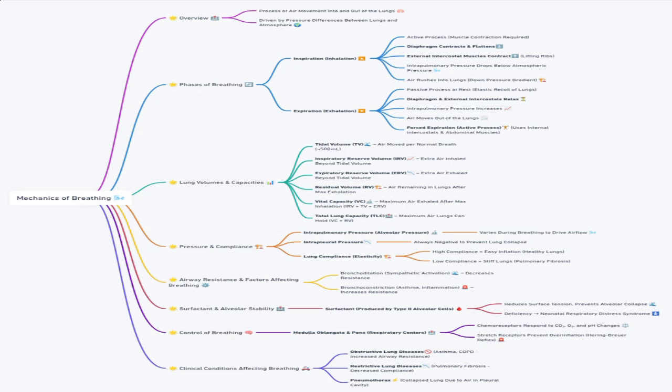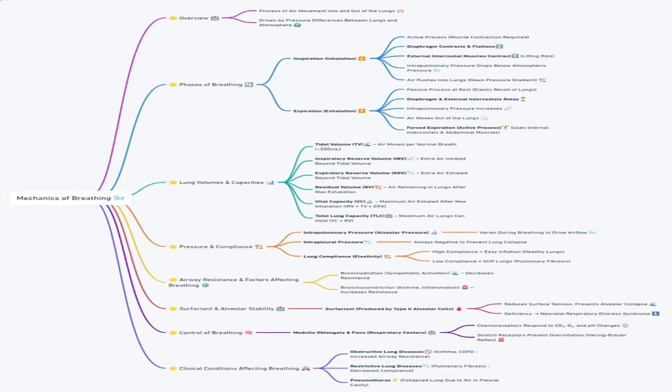Examples of devices for positive airway pressure are mechanical ventilators, invasive ventilators, BiPAP and CPAP, which is continuous positive airway pressure. With negative pressure ventilation, you can think of the iron lung and cuirass ventilators.